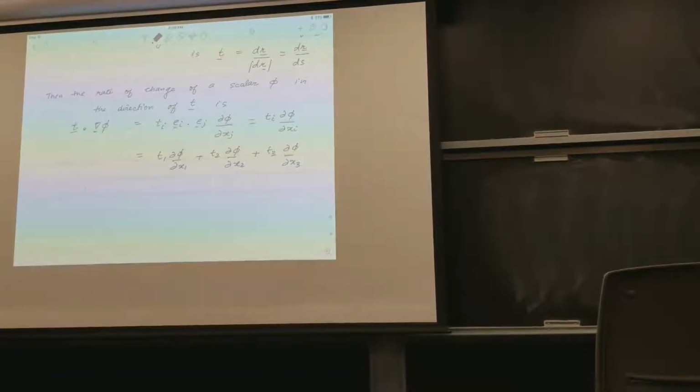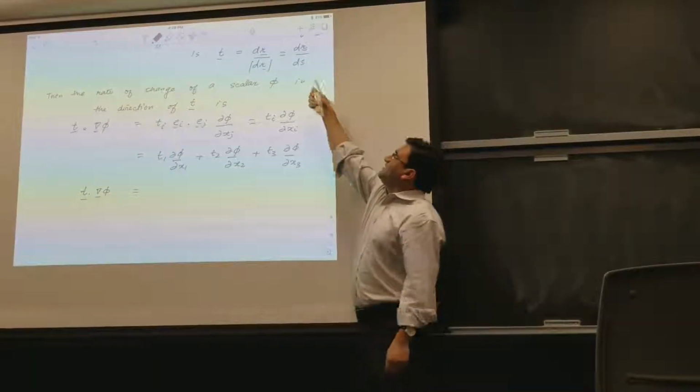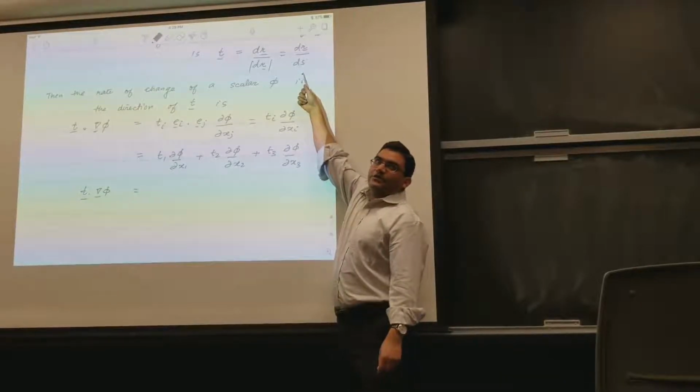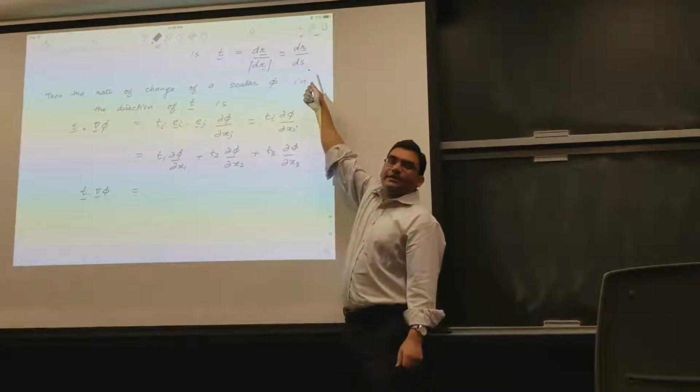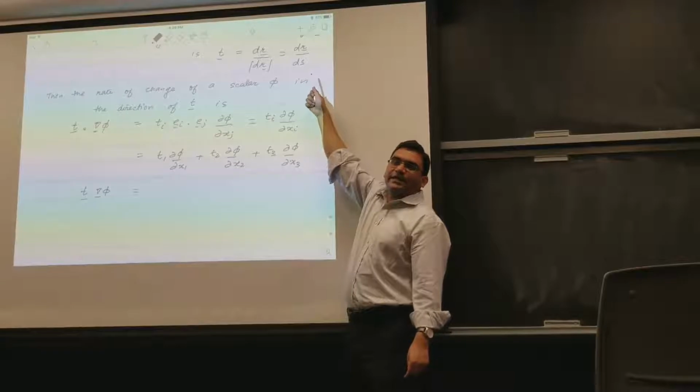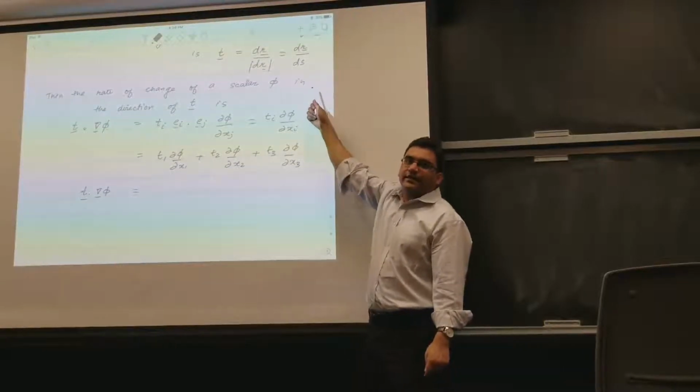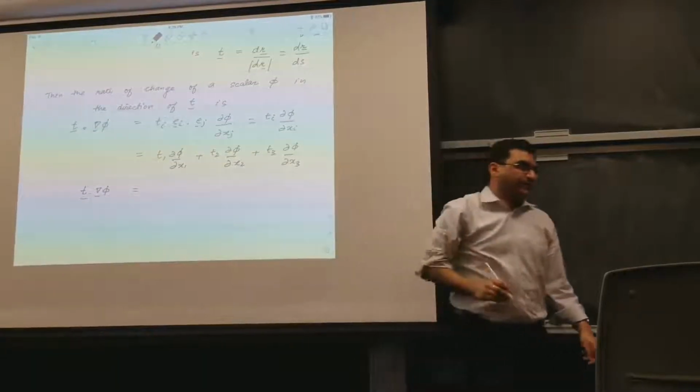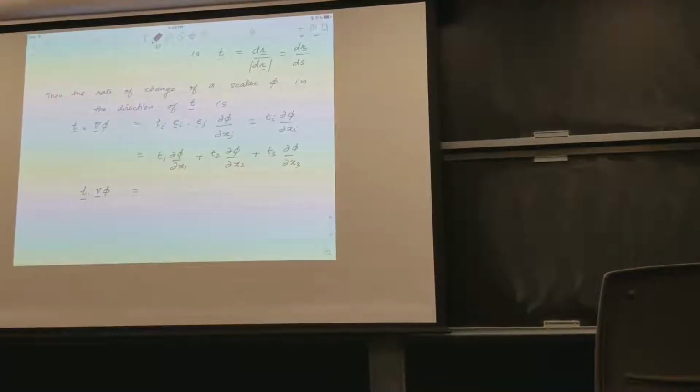So now if I have t dotted with the gradient of phi, because t is defined in this way, right? So dr has three components: dx, dy, dz, or dx1, dx2, dx3. All of them will appear now.